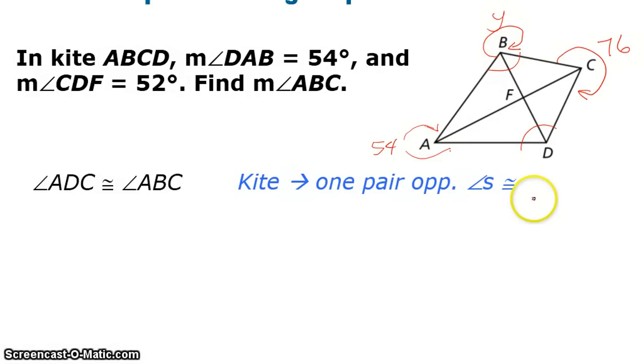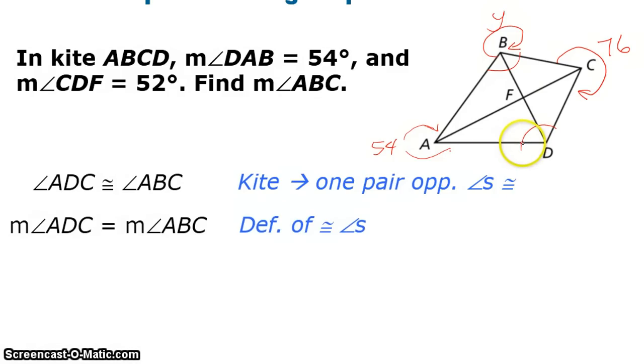And we also know that a quadrilateral's angle sum is 360 degrees. So we've got these two angles equal to each other. And now we know that all four of these together will total 360 degrees.